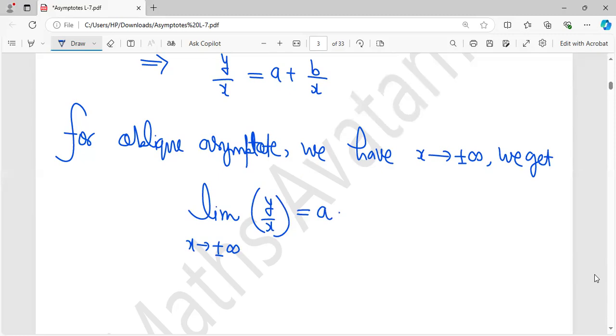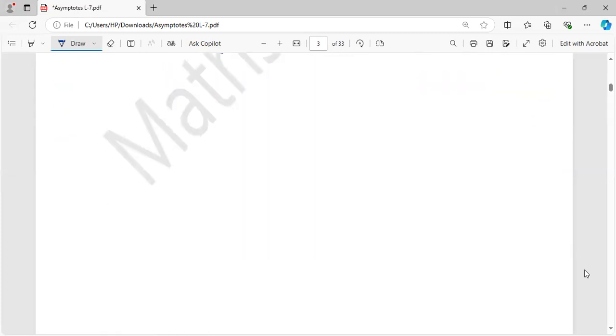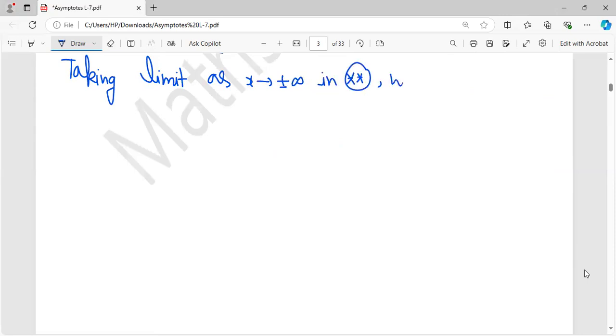So now, taking the limit as x tends to plus or minus infinity in double star, what do we get?